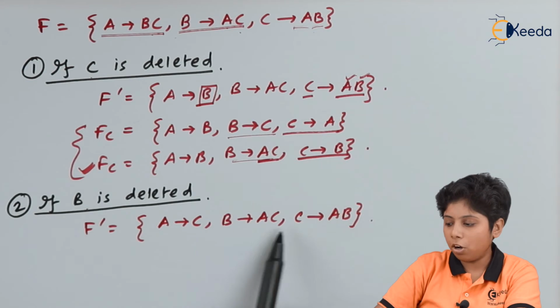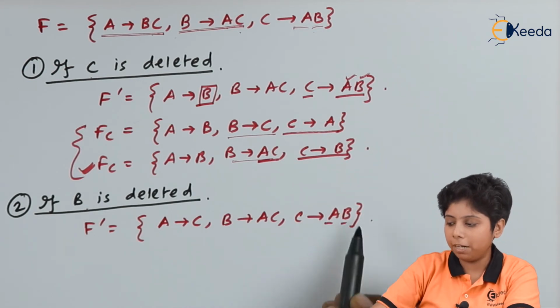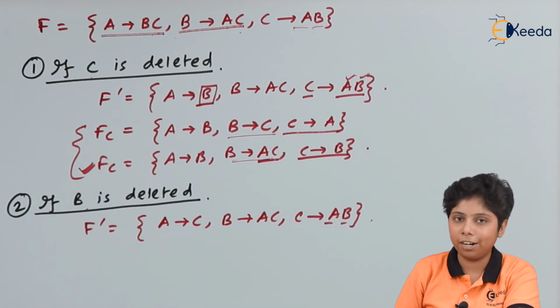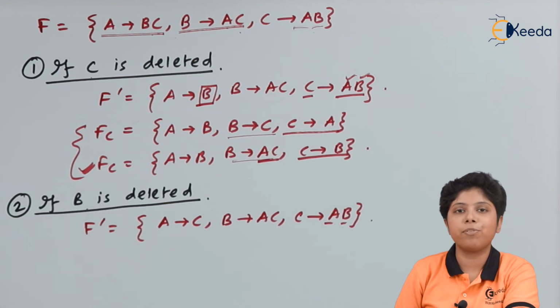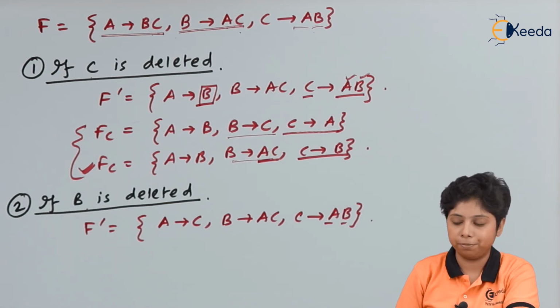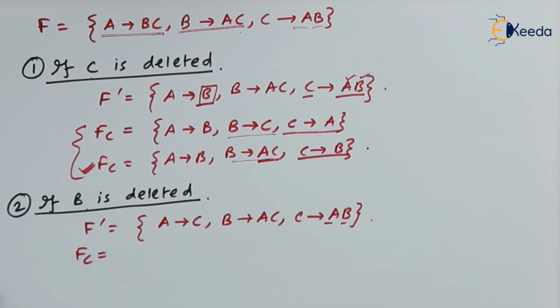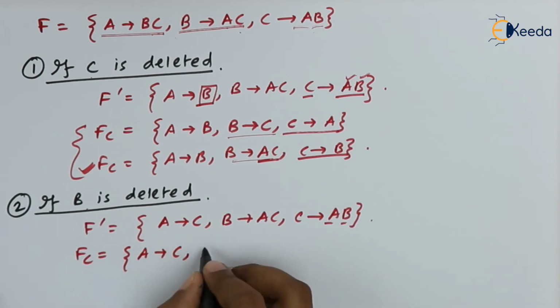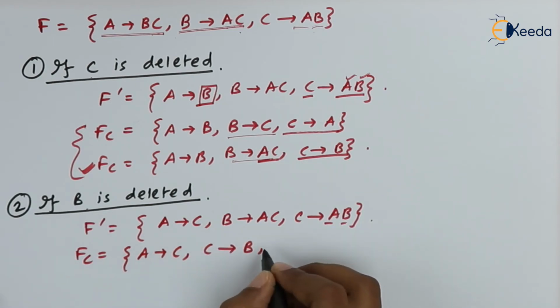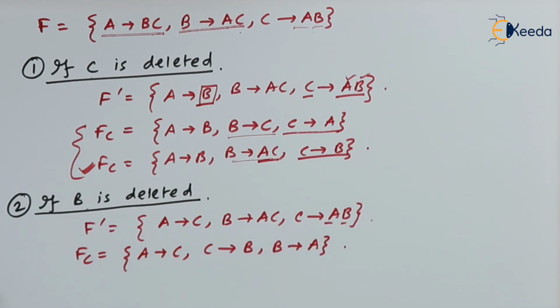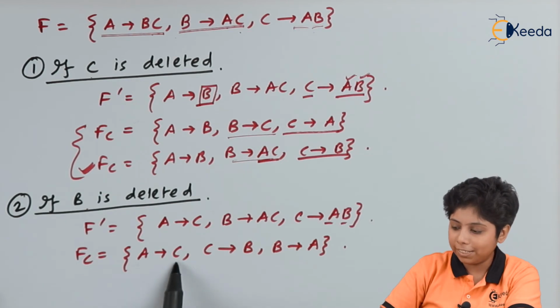Now there also we can have the A and B duplicacy or extraneous, so we will result in similar canonical covers like the previous one.